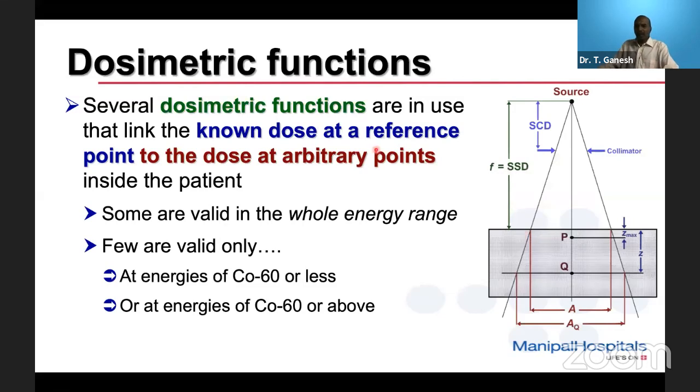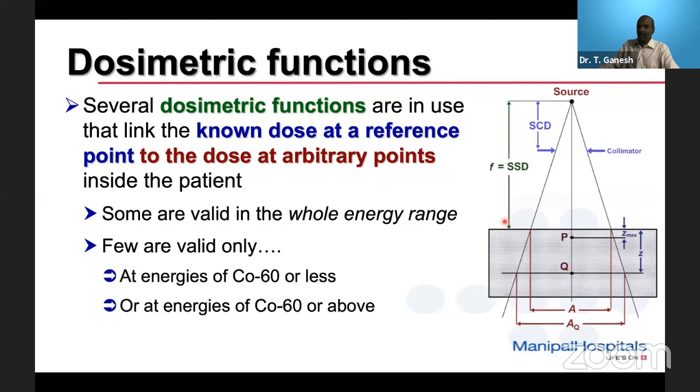Now, moving over to dosimetric functions, what is our primary aim? Our primary aim is to know about the dose at different points within this phantom or patient. As I had already told you, it would be impossible for us to keep the detectors at different points inside the phantom or inside the patient in order to know about the dose at these points.